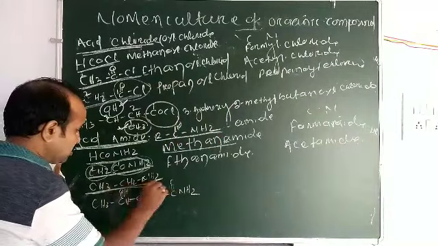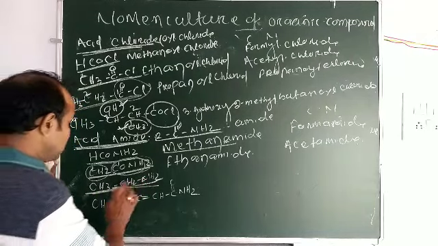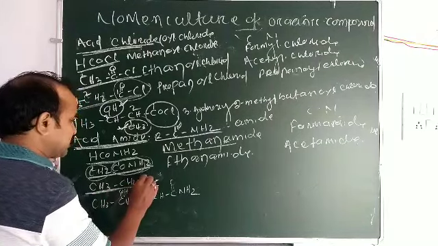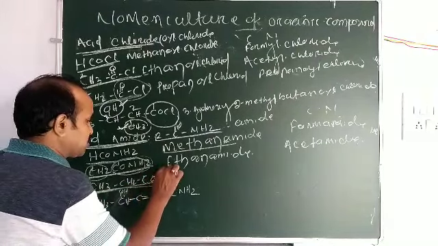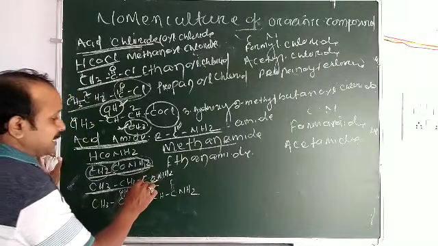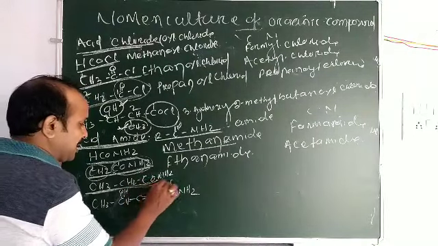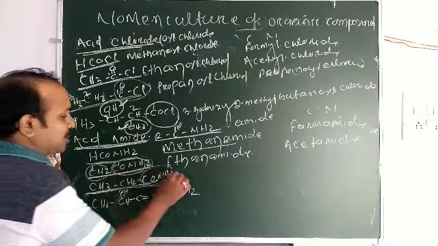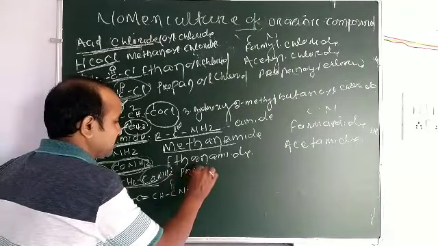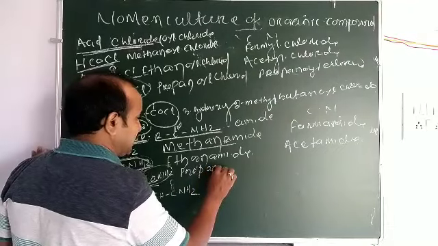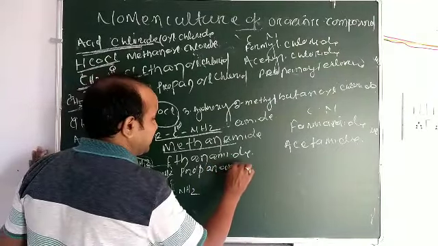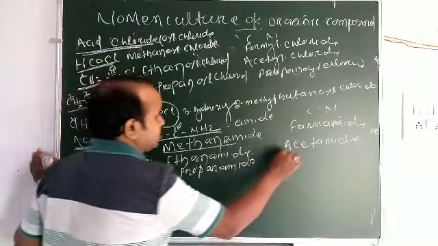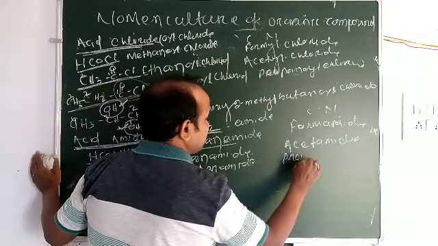Here CH3CH2CONH2, there is no other functional group, only one functional group. Then 3 carbons, the word root is prop, primary suffix is ane, then amide. It is propanamide.